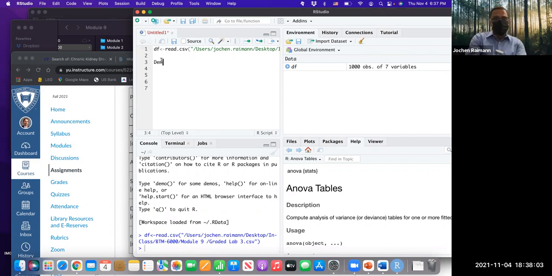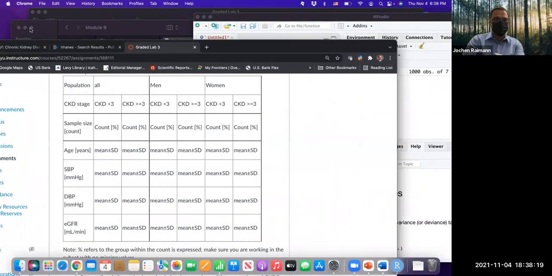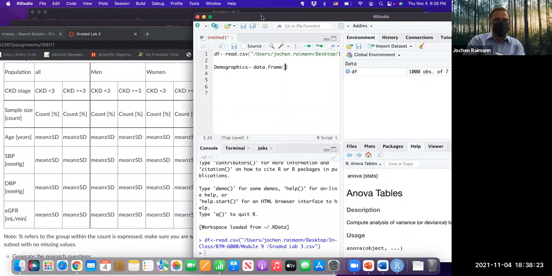So we are creating a data frame, demographics, which is going to be data.frame. And in data.frame, you're entering all the columns you want to have.